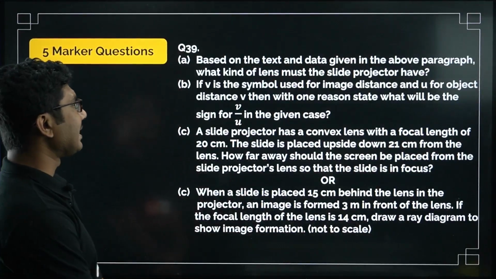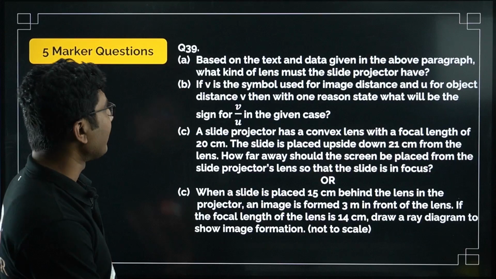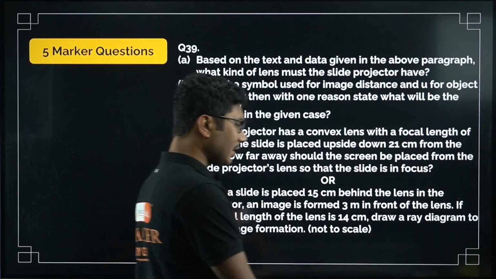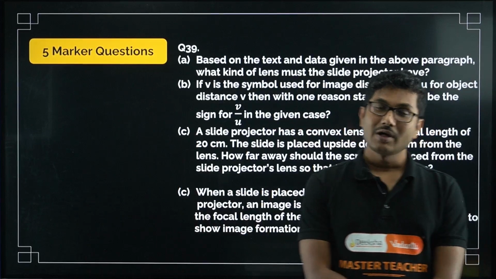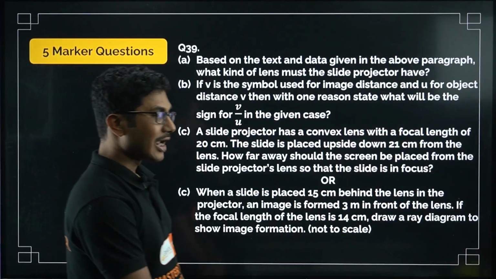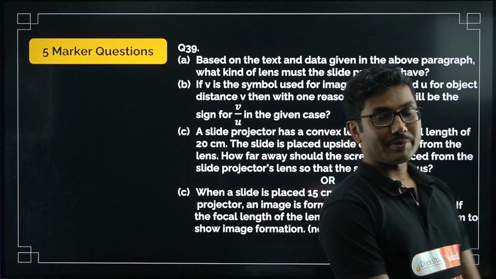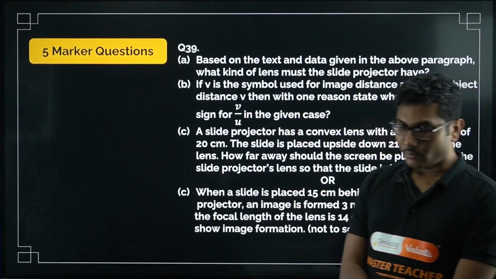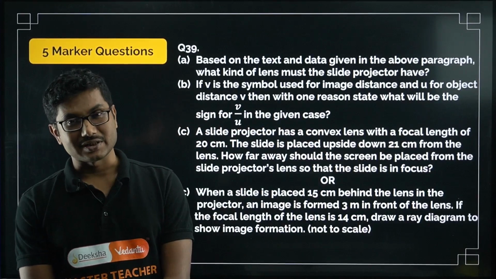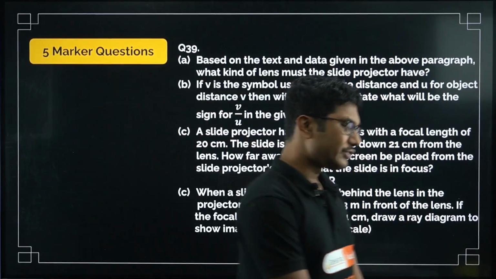Based on the text and the data given in the above paragraph, what kind of lens must the slide projector have? It is producing a real image and an erect image. Now how can a slide projector produce a real and erect image? We know that only one lens can produce a real image, that is the convex lens. Now how can you produce an erect image?